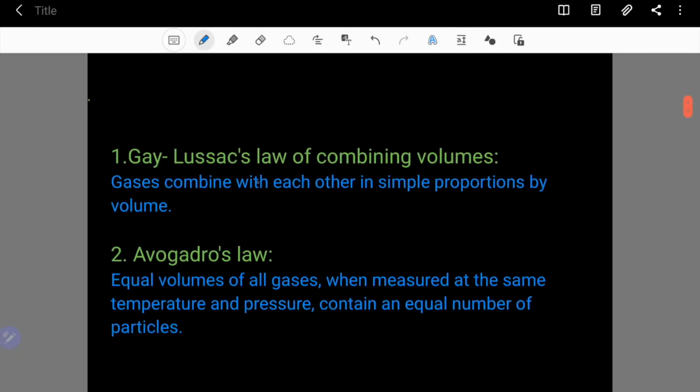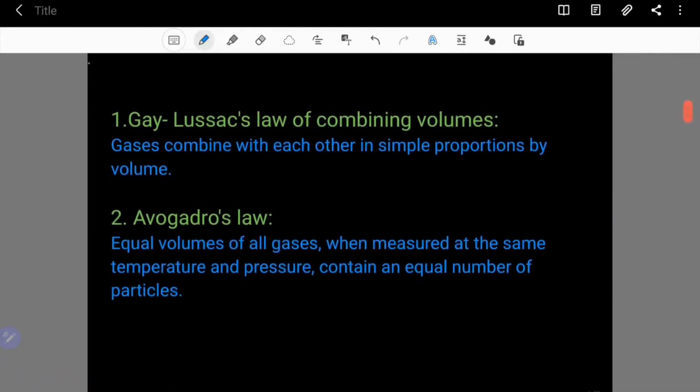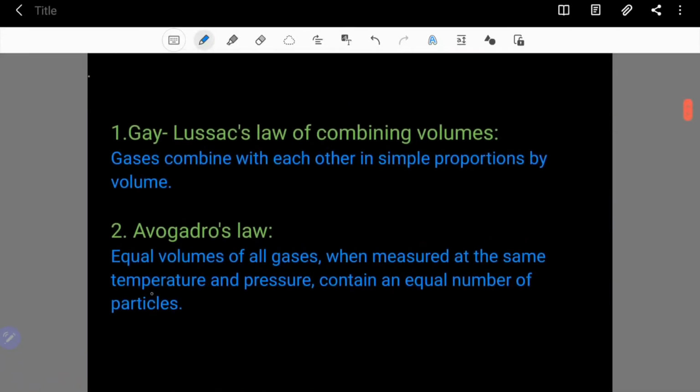One is Gay-Lussac's law of combining volumes. Gases combine with each other in simple proportions by volume. So there are some numerical problems relating to this. And the second is Avogadro's law, which says equal volumes of all gases when measured at the same temperature and pressure contain an equal number of particles.